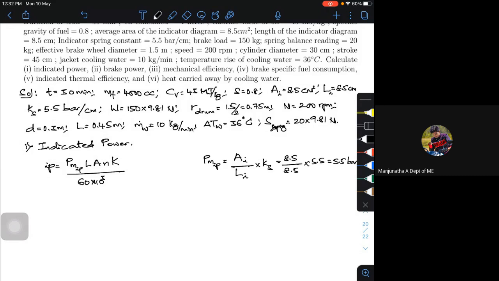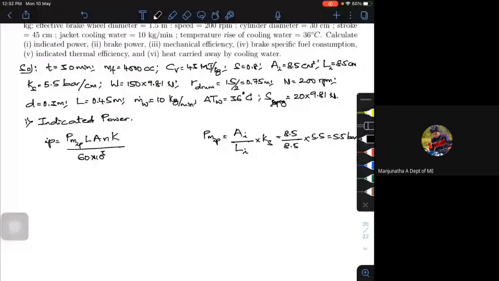Now if I substitute that value in the indicated power, this will be 5.5 into 10 to the power of 5. Your stroke length is 0.45. Here you have to put the diameter of the piston, that is 0.3, so pi by 4 into 0.3 square. This being a 4-stroke engine, small n is equal to capital N by 2, so 200 by 2, into number of cylinders, which is 1.